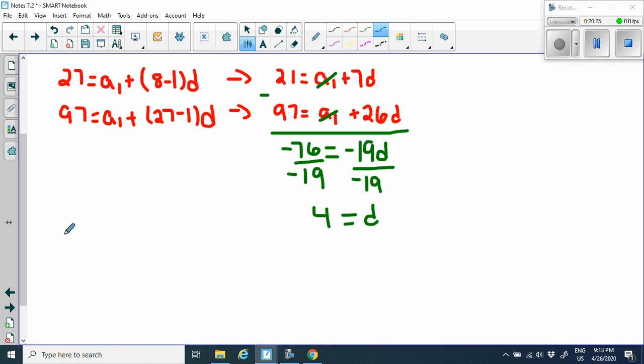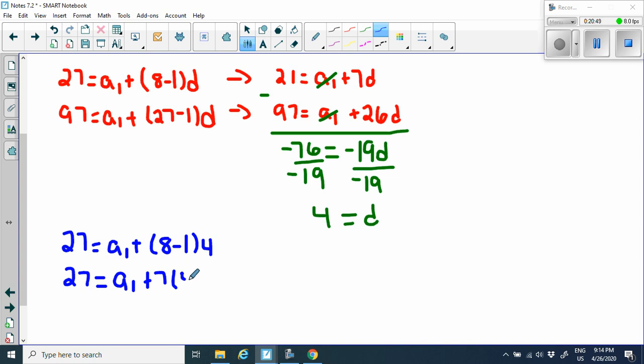So that means I have 27 equals a sub 1 plus 8 minus 1 times 4. So going to calculate that, I have 27 equals a sub 1 plus 7 times 4.